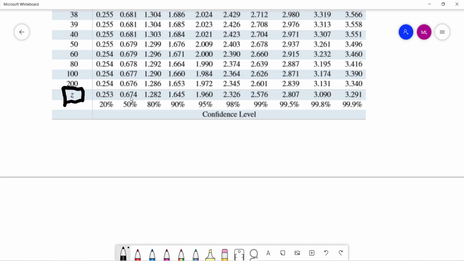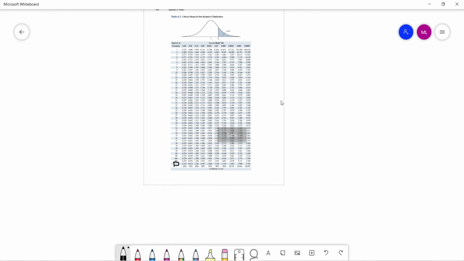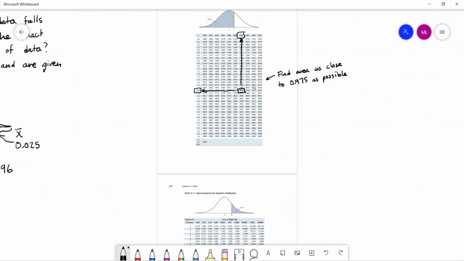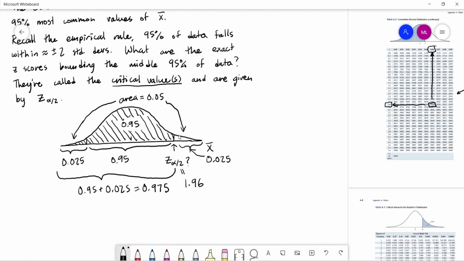So this is probably the first place you should check. Only if the confidence level that's specified doesn't show up in this table at the bottom should you resort to finding it the way that we just did, where you draw the picture, figure out the combined area of both the center region plus the left tail, then look up that area in the meat of this table and back out the corresponding z-score. But that is the critical value.